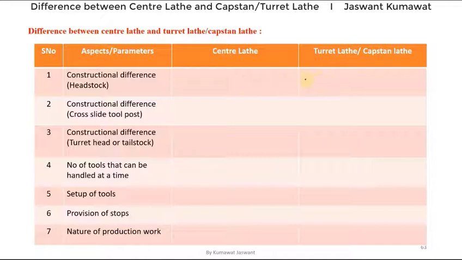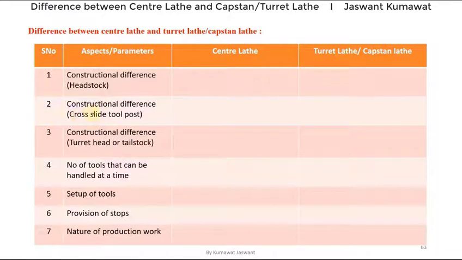If we compare both of these lathes of the same capacity, the center lathe requires a 3 horsepower motor to drive the spindle, while the turret lathe or capstan lathe of the same capacity requires approximately 15 horsepower motor to drive its spindle and other accessories.